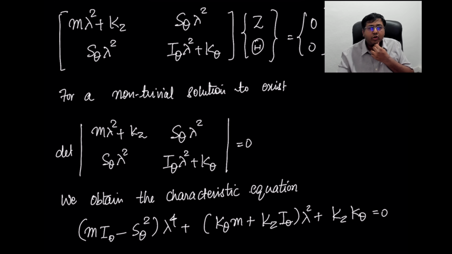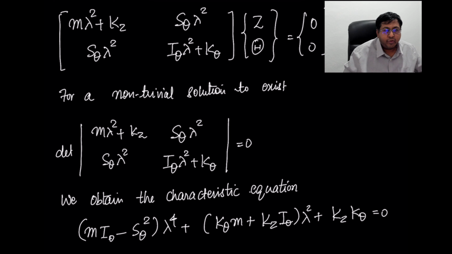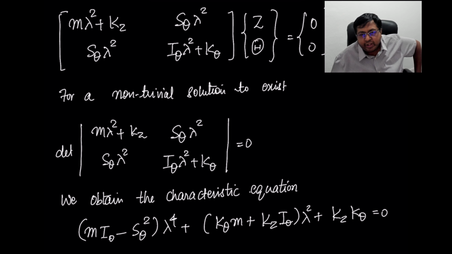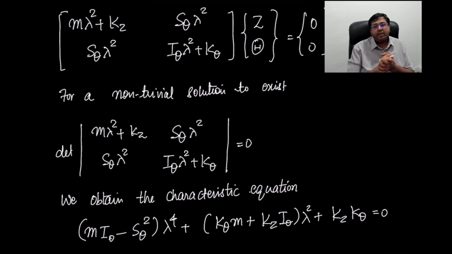So we have got a quartic equation, an equation of order 4 in lambda. And one thing that we did by assuming that q is equal to 0 was not only eliminate the damping matrix, but we also eliminated some terms which would have had lambda cube and lambda, which would have made it harder to solve and analyze this.